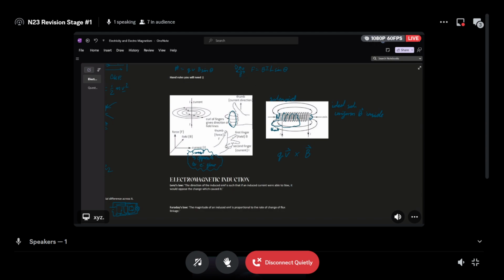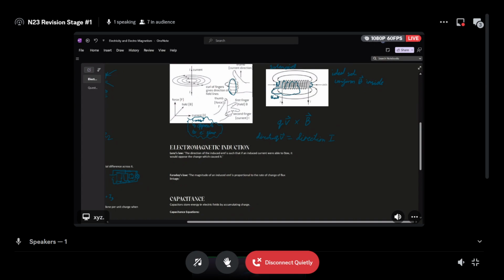The direction of QV is equal to the direction of I, because the direction of I is the direction of flow of positive charge.